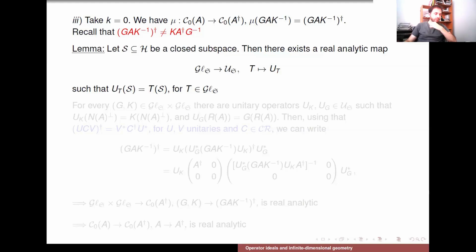And the last part is about the analyticity of the Moore-Penrose inverse. Some ideas are the following. Again, we study the case of K equals 0. So we have this map from this orbit to this orbit.